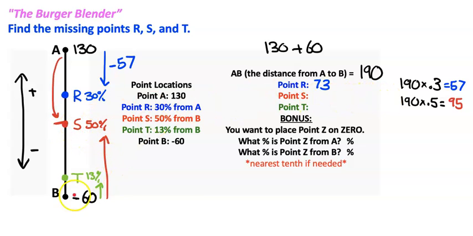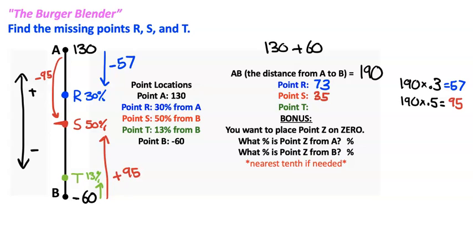So if you take negative 60 plus 95, or if you take 130 minus 95, you're going to get to the same coordinate point. That's point S, and the math says it's 35. Right in the middle, 35 is right in the middle of 130 and negative 60.